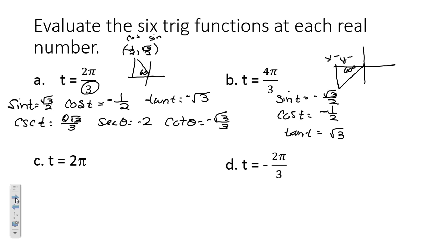Do I need to go finish these? You're okay with the quadrant one? 2 pi is right here, right? 1, 0, up. So you got your y's and your x's. Okay? 2 pi's all the way around. So that's your xy. So your sine is going to be the y, cosine is going to be the x, and tangent's the y over the x.